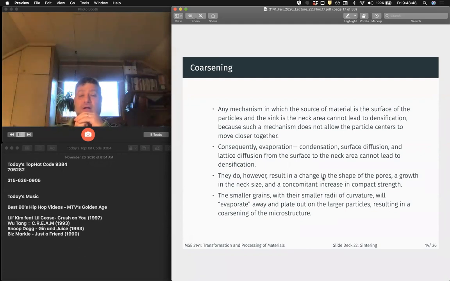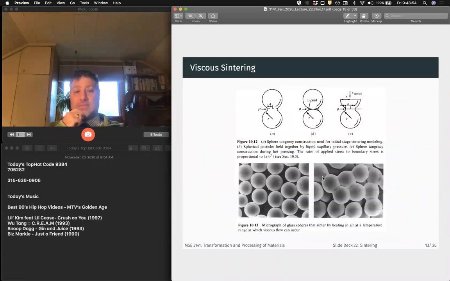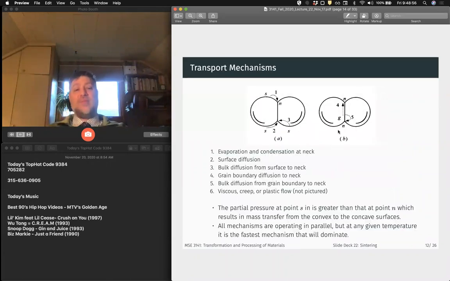However, if I move material from the grain boundary here to the neck, I'm removing material from the region between the center of mass of my two particles and pushing it out.